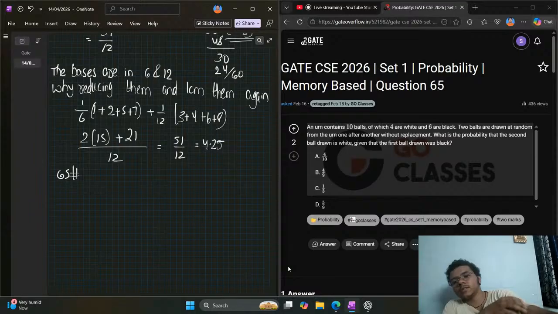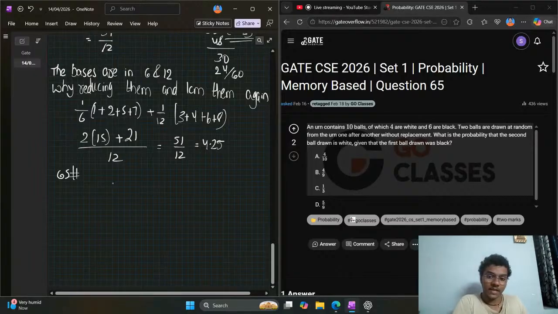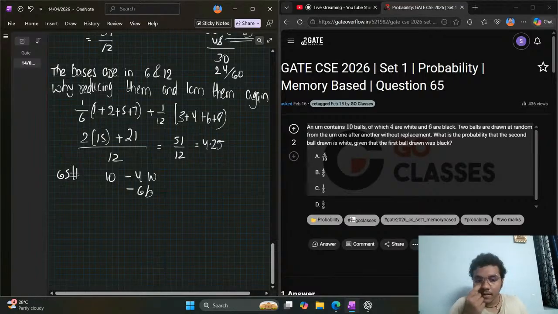Okay, two balls are drawn at random from the urn, one after another without replacement. What is the probability that the second ball drawn is white given the first ball drawn is black? 10 balls out of which 4 are white and 6 are black. This is conditional probability, right?